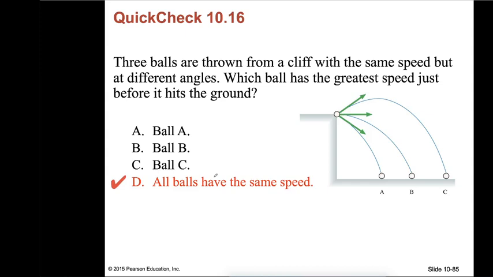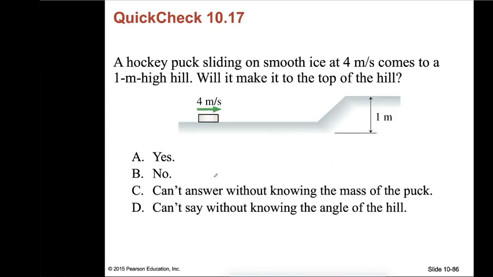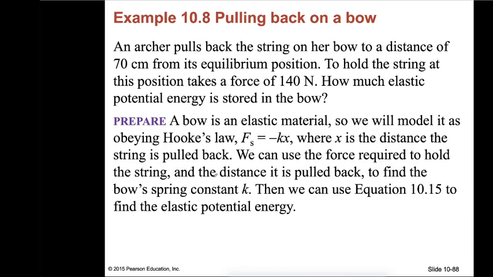So the total energy at the end should also be the same. That's the kinetic energy at the beginning plus the gravitational potential energy. So it's the same. So here's another example. Please do it by yourself.